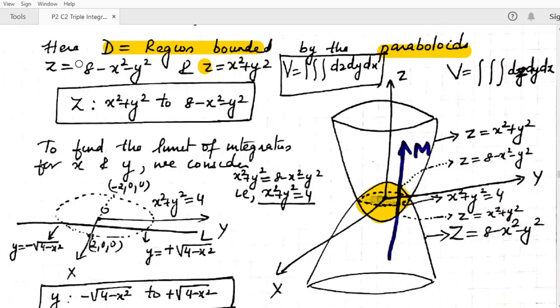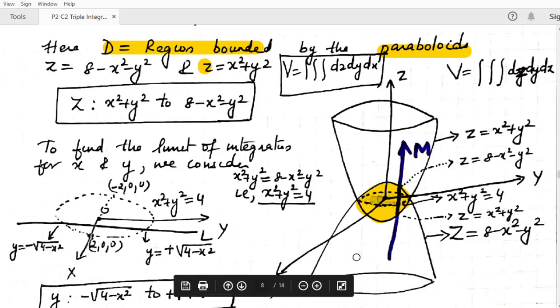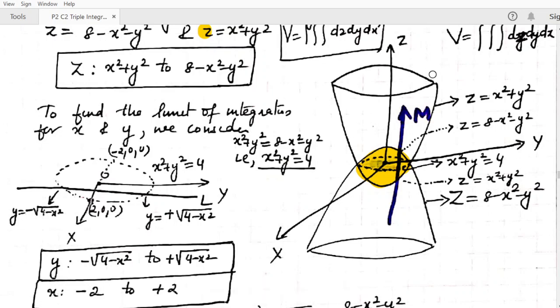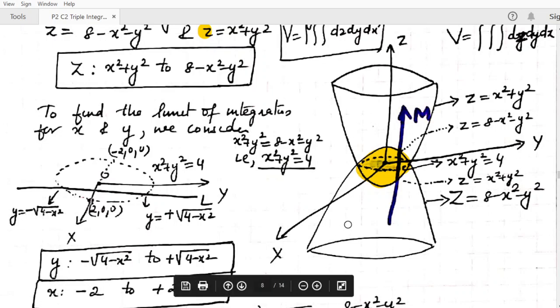Whenever the coefficient of z is negative, we can say that our paraboloid is downwards. When the coefficient of z is positive, then our paraboloid is in the upward direction. When the paraboloid is in the downward direction, the coefficient of z will be negative.